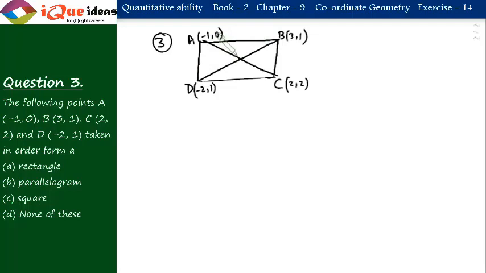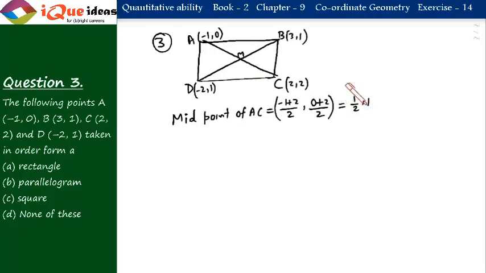Let's say the midpoint of first diagonal AC is M. Midpoint of AC would be (x1 plus x2) by 2, that is (-1 plus 2) by 2, and (y1 plus y2) by 2, that is (0 plus 2) by 2. So it is 1 by 2 and 1. These are the coordinates of the midpoint of AC.